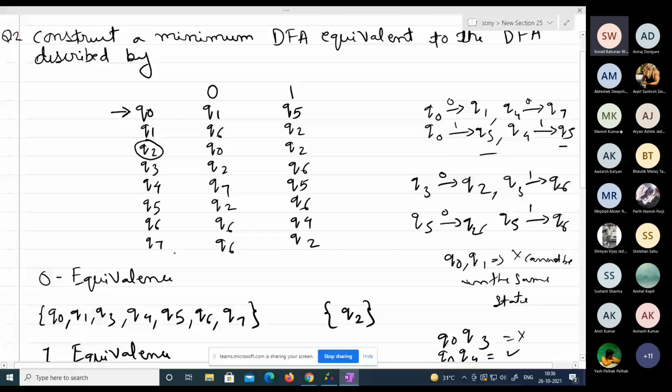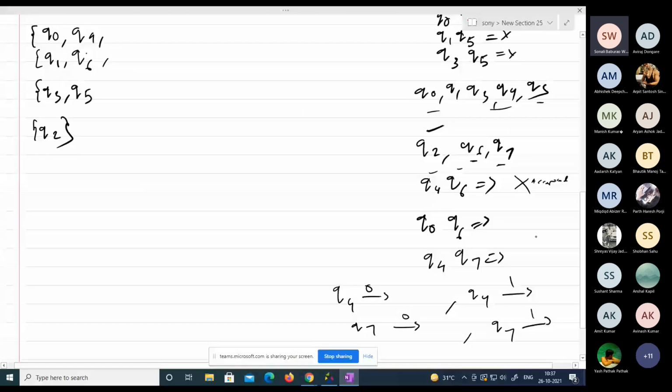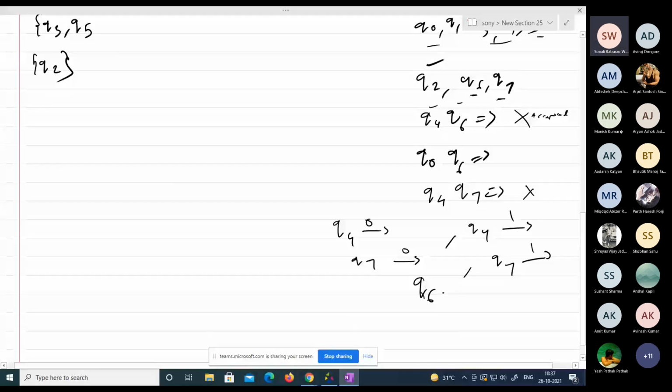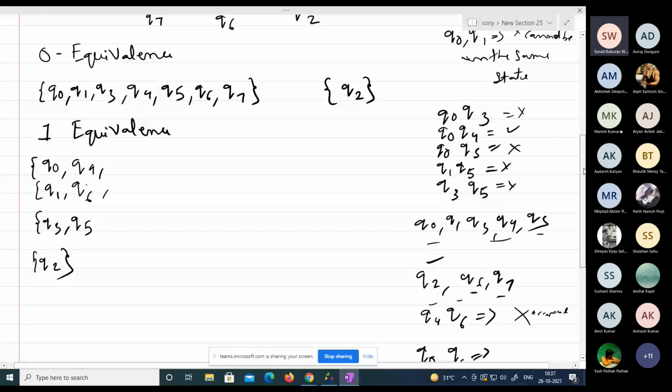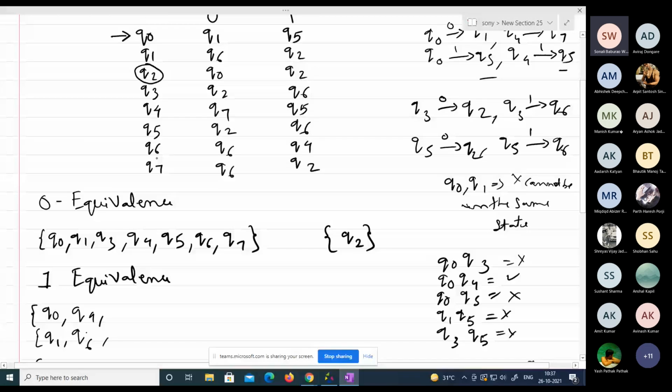Okay, now what are we left with? We are left with this. Check for Q6, Q7. Q6, comma Q7. Tell me, do they have any values common? Yes, Q6 on 0 is giving Q6, Q7 on 0 is giving Q6. At least this value is similar.